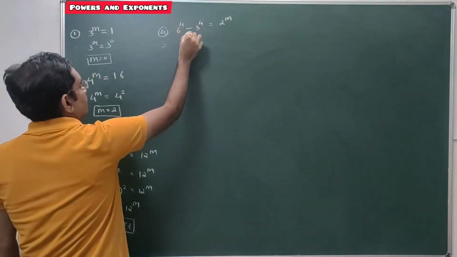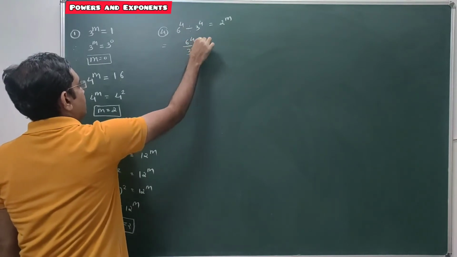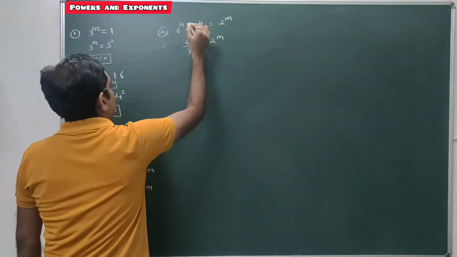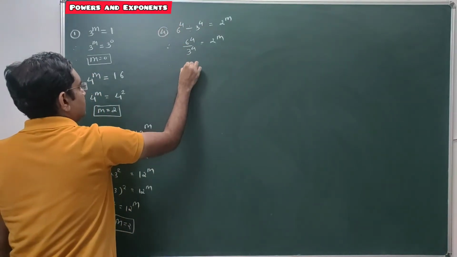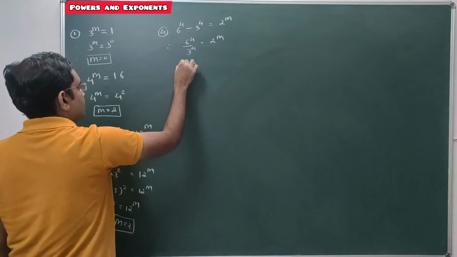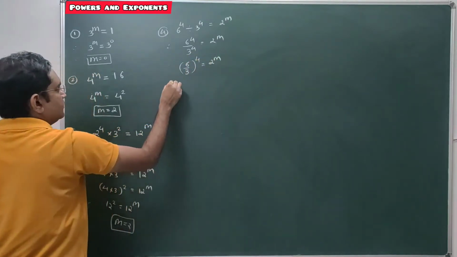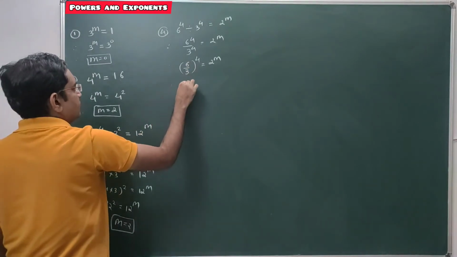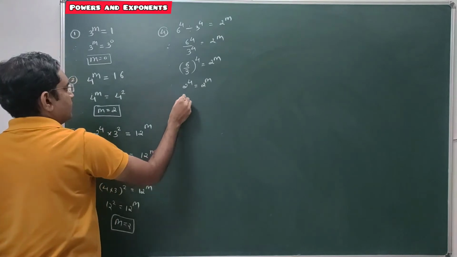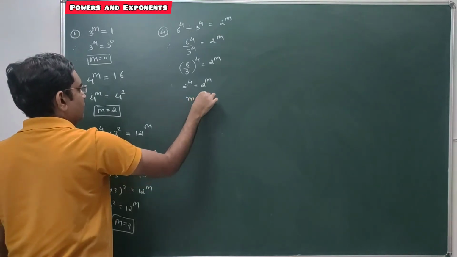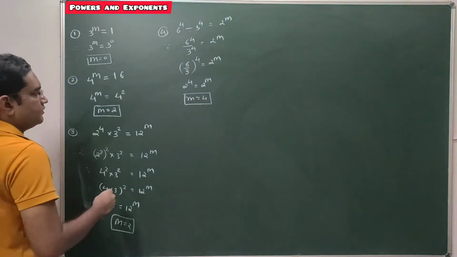So we can write 6 by 3 whole raised to 4 equal to 2 raised to m. 3 2s are 6, so it's 2 raised to 4 equal to 2 raised to m, and therefore we can write m equal to 4. M equal to 4. Clear? Simple.